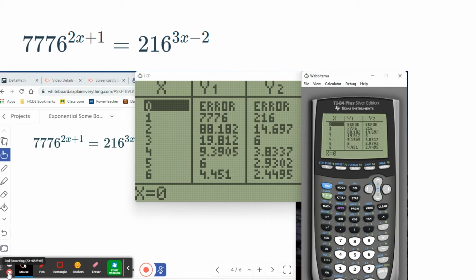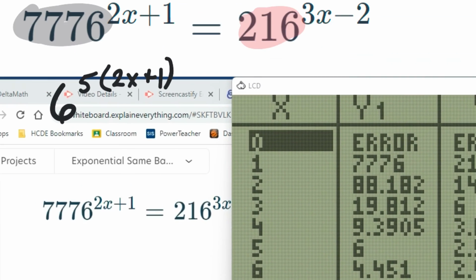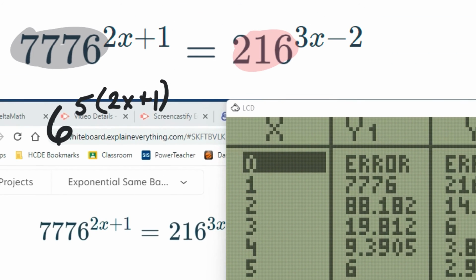So since we've learned that, we'll highlight this. 7,776 is equal to 6 to the 5th power. This is actually going to have to join the top with parentheses here. I'll zoom in a little bit while we do these.